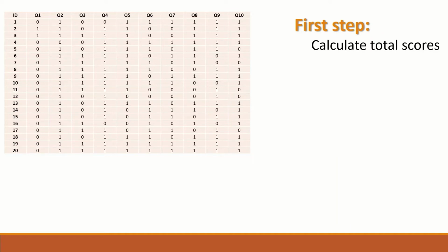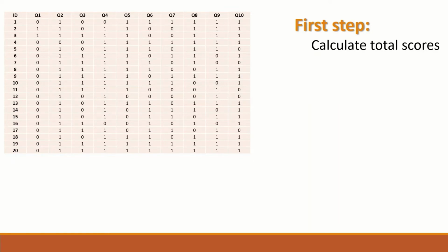For each question, a correct answer is inserted as 1, and an incorrect or wrong answer is placed as 0. To determine whether these questions are good or bad, whether they can discriminate between high performing and low performing students, item discrimination analysis can be performed.